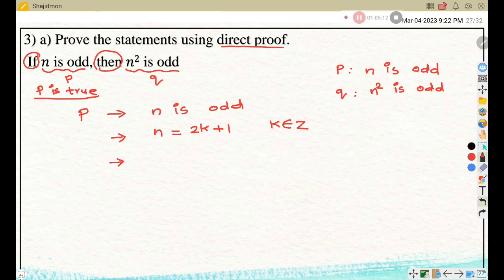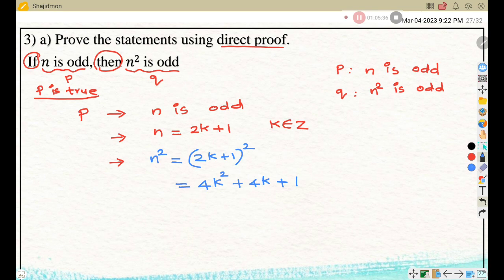So start with the n square now. N square equal, n means 2k plus 1, so 2k plus 1 whole square. Use a plus b whole square. 2k square means 4k square. Then plus 2ab, 4k, plus 1.